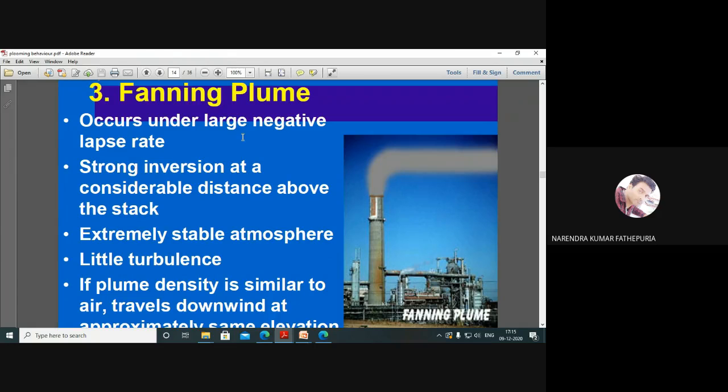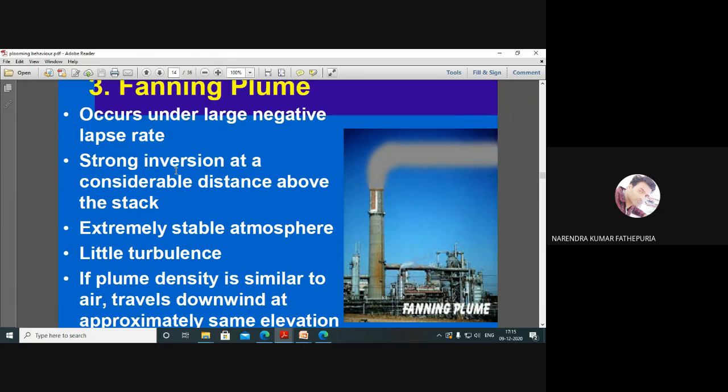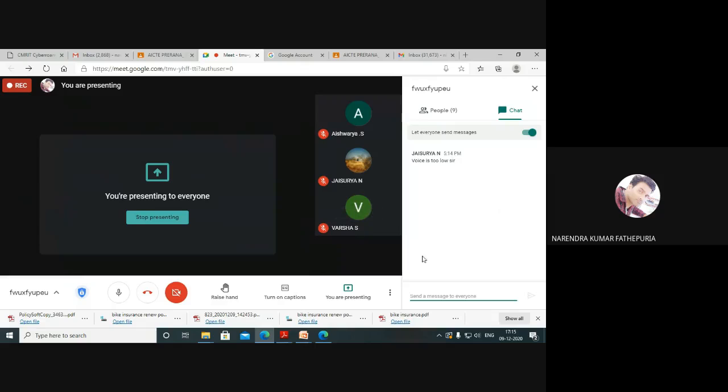It occurs under large negative lapse rate conditions, with strong inversion at a considerable distance above the stack, the worst condition for the atmosphere. So the fanning plume is the worst condition, with the inversion a considerable distance above the stack in an extremely stable atmosphere. Extremely stable atmosphere, as I told you, is not good for the environment.